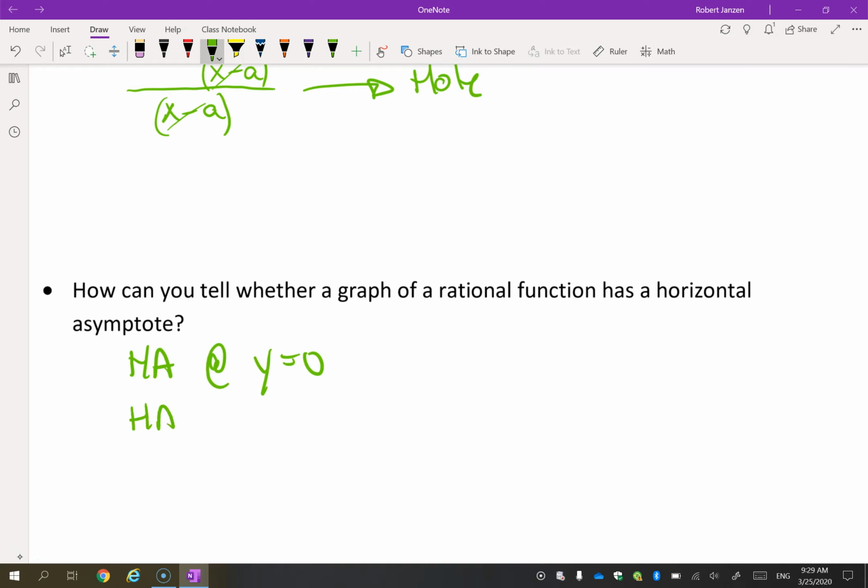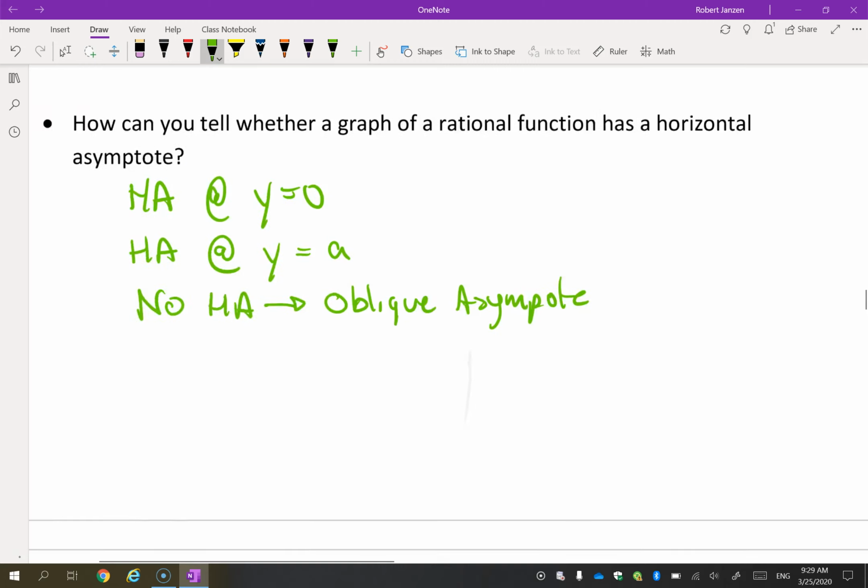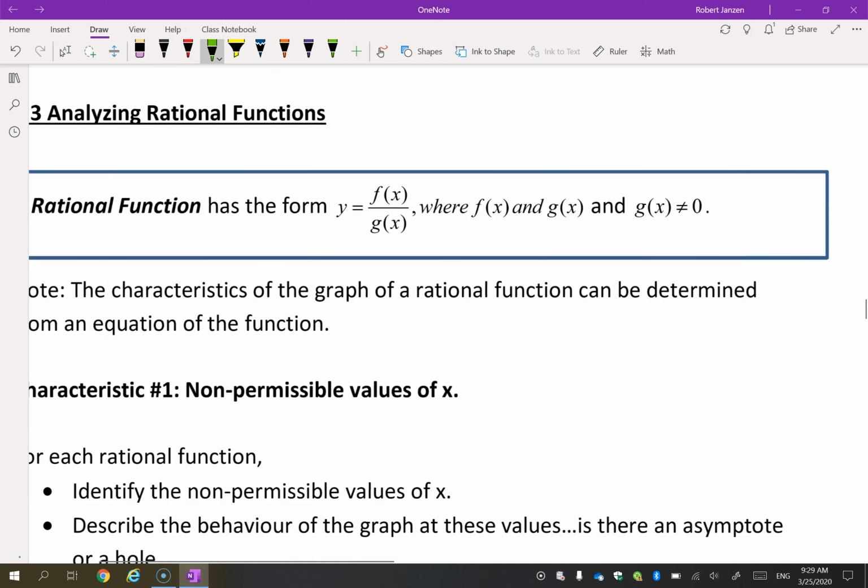There could be an asymptote somewhere else. There could be another value, so it could move up or down. Or there could be no horizontal asymptote. And normally when there's no horizontal asymptote, there will be an oblique asymptote. So those are some of the things we're going to consider. Let's now get into really looking at these specifically.